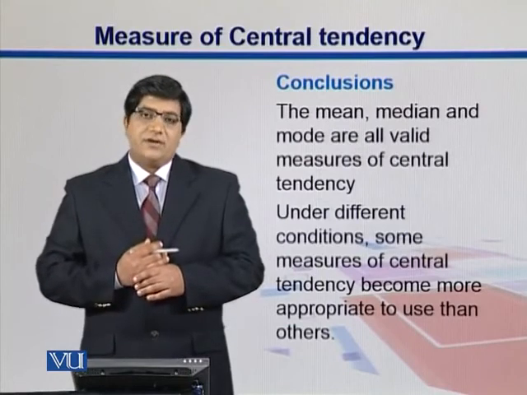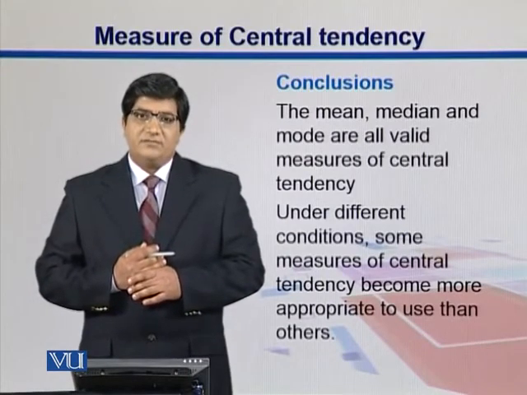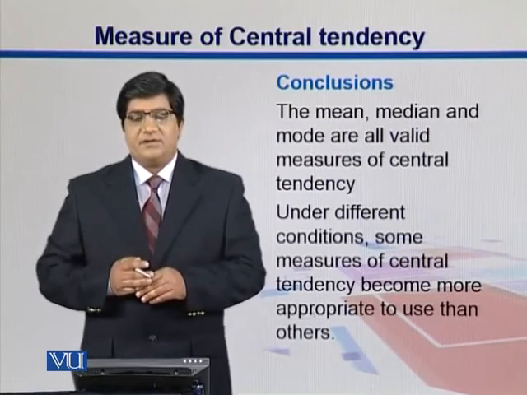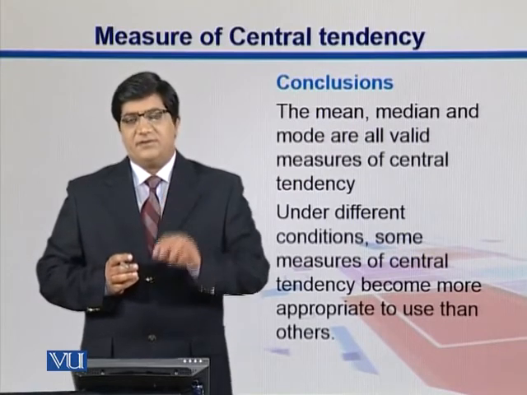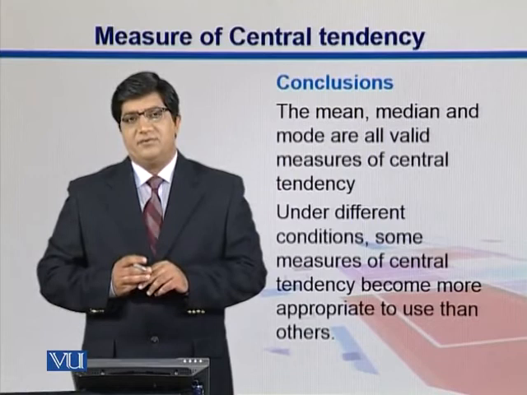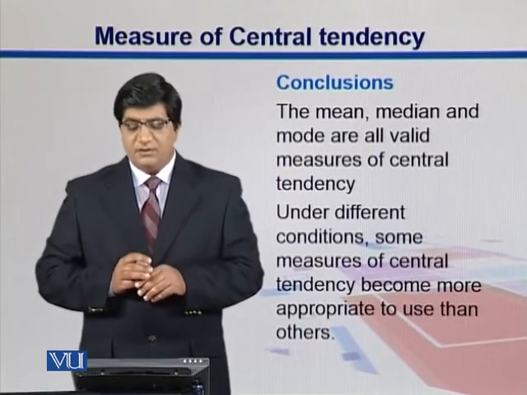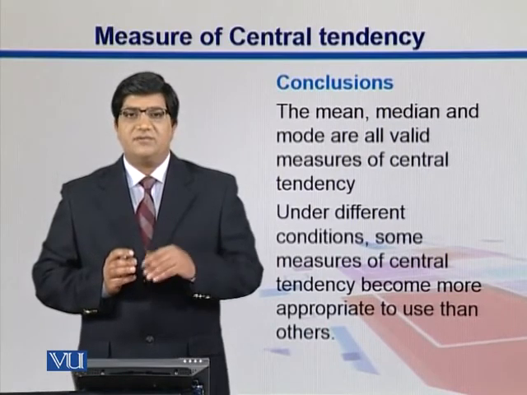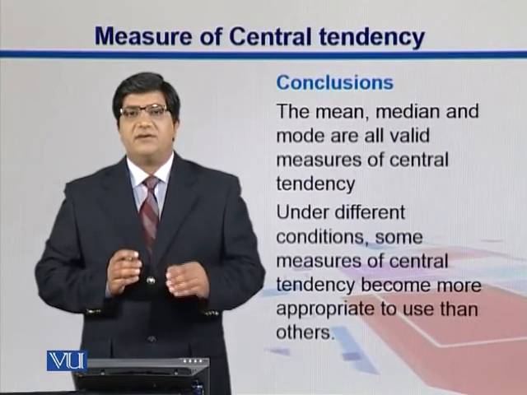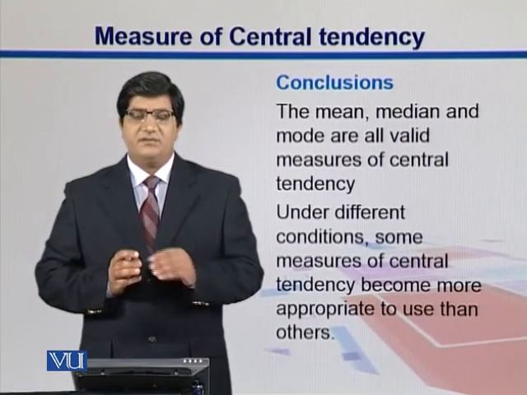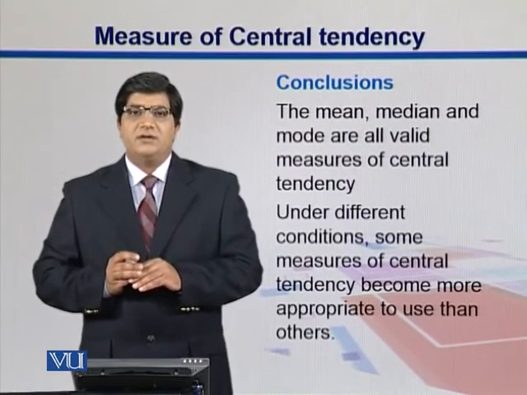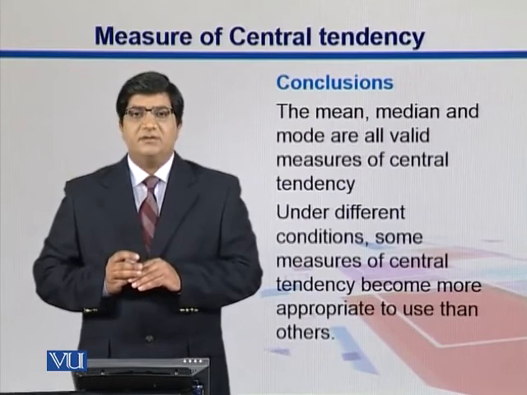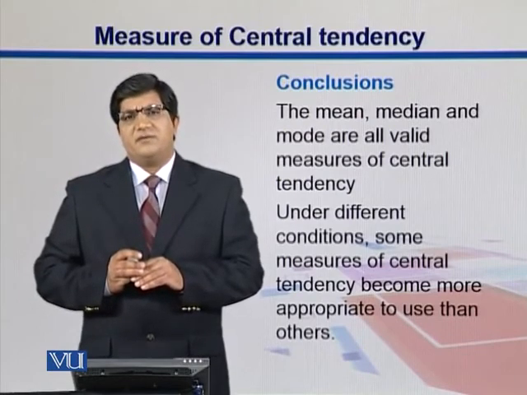In this topic, we have seen that we can measure the central tendency of a distribution by using mean, median, and mode. They all can be used. We have also seen that in some situations we can use any one of them. Sometimes we want to use the mean, sometimes the mode, or sometimes we prefer the median. There is one example where we can prefer the mode.